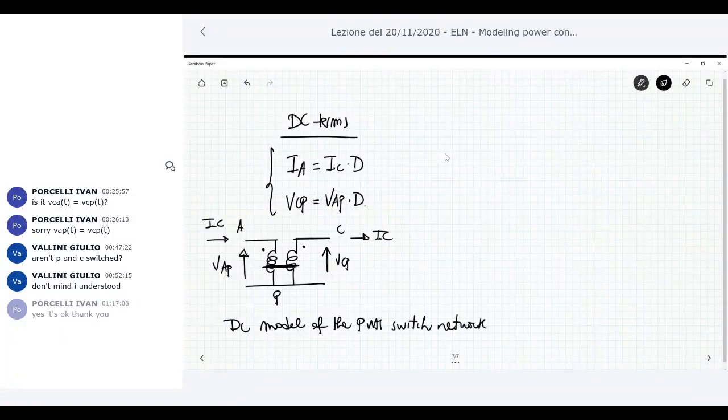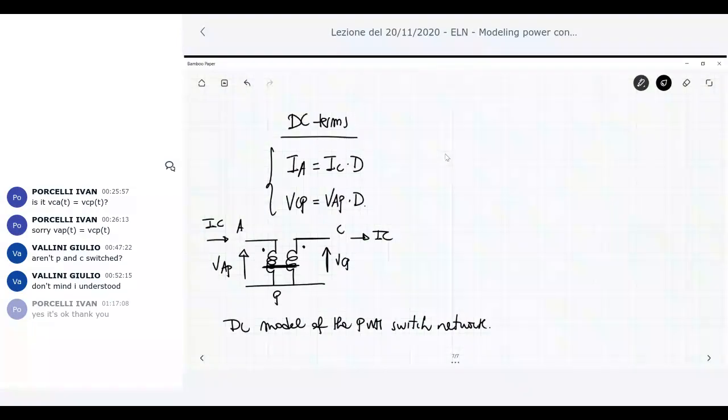If I remember well, I employed a similar model using this kind of transformer when we talked about the boost converter in steady state, in order to understand why in steady state the conversion ratio M cannot go up to infinity when the duty cycle is 1, introducing the effect of parasitic resistances that you can have in the circuit.